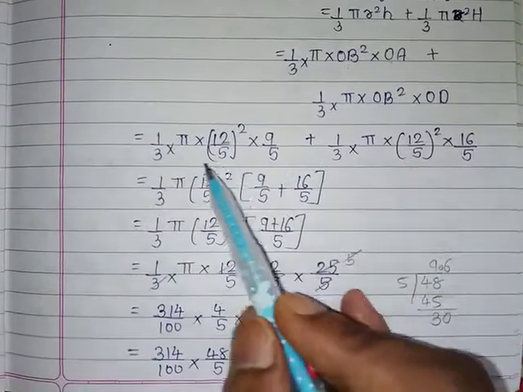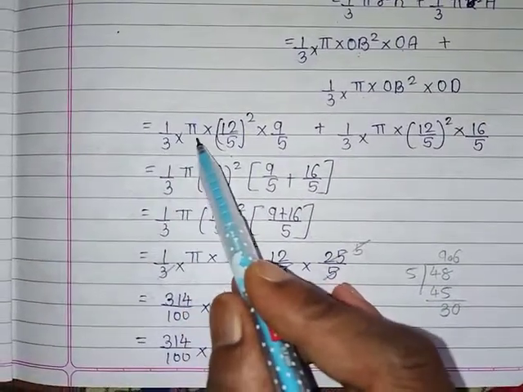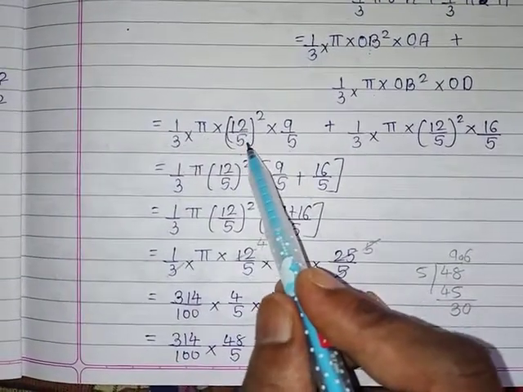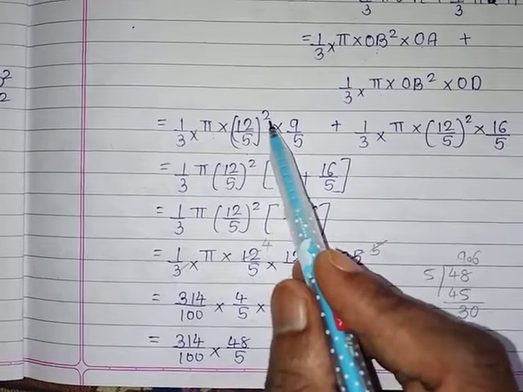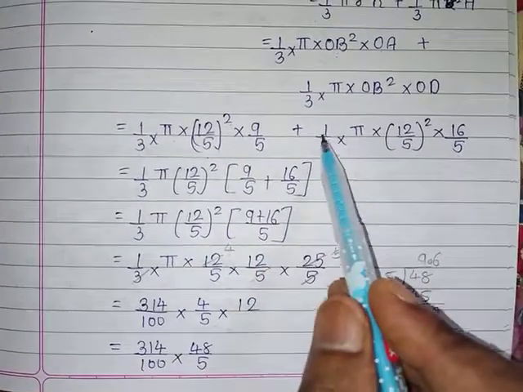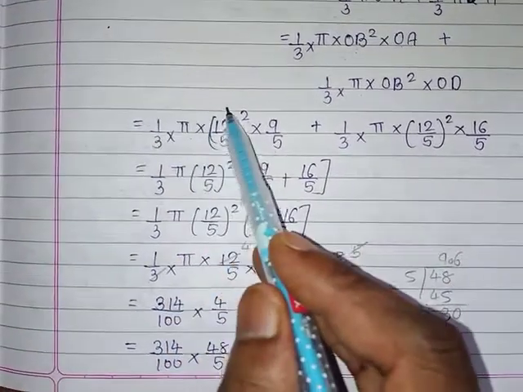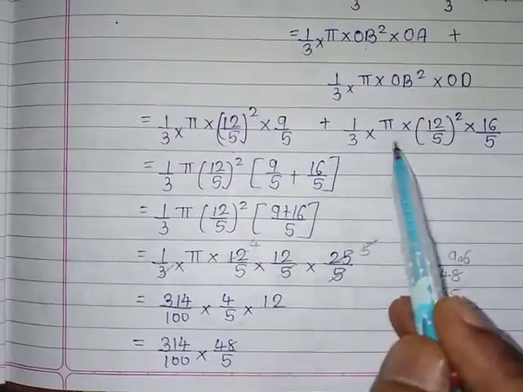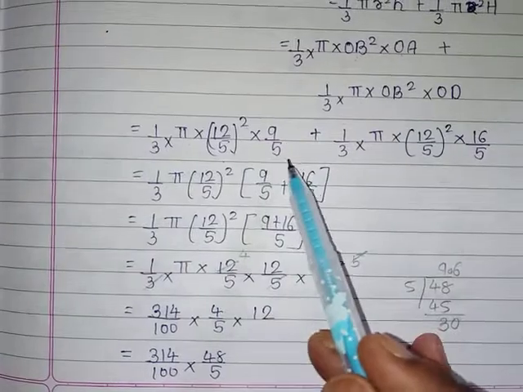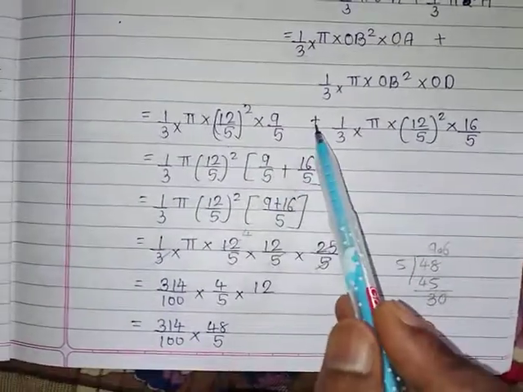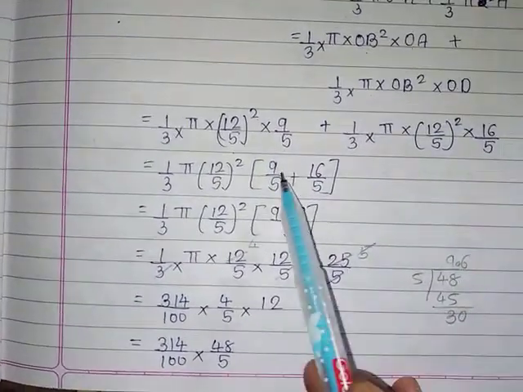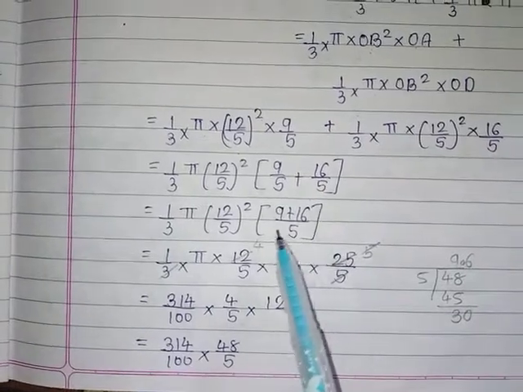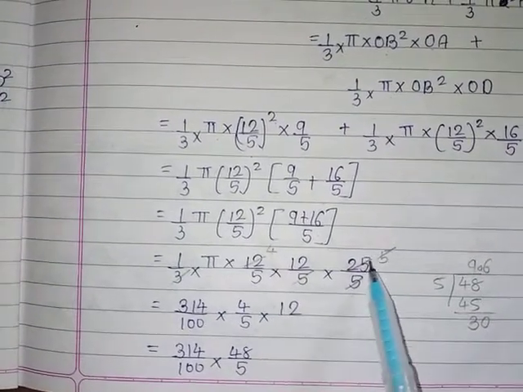So what can we take common? 1 by 3 pi into 12 by 5 whole square can be taken common. If we take it common, what will be left inside? 9 by 5 plus 16 by 5, which is 25 by 5.